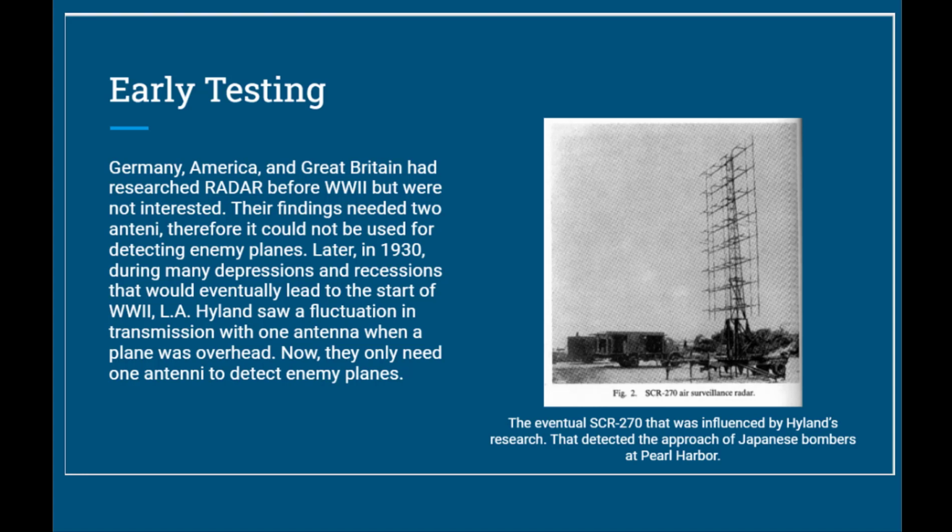Later, in 1930, during many depressions and recessions that would eventually lead to the start of World War II, L.A. Highland saw a fluctuation in transmission with one antenna where a plane was overhead. Now, they only need one antenna to detect enemy planes. This would eventually turn into the SCR-270 that detected the approach of Japanese bombers at Pearl Harbor.